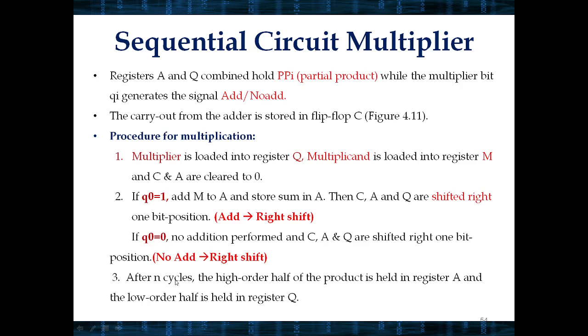After n cycles, the high order half of the product is held in register A and the low order half is held in register Q. So the final product you will get by combining the values in A and Q.